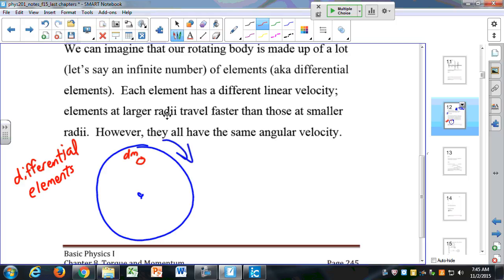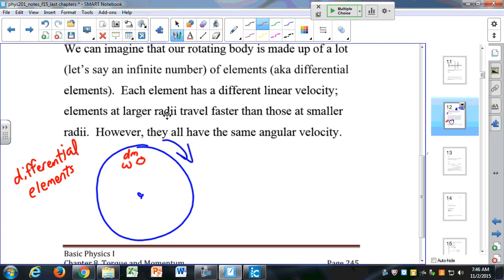A linear velocity. They're going to have all different velocities unless they happen to be at the same radius. But remember, for a rigid body, even though the linear velocity of different points is different, the angular velocity is all going to be the same. That's how we define a rigid body.